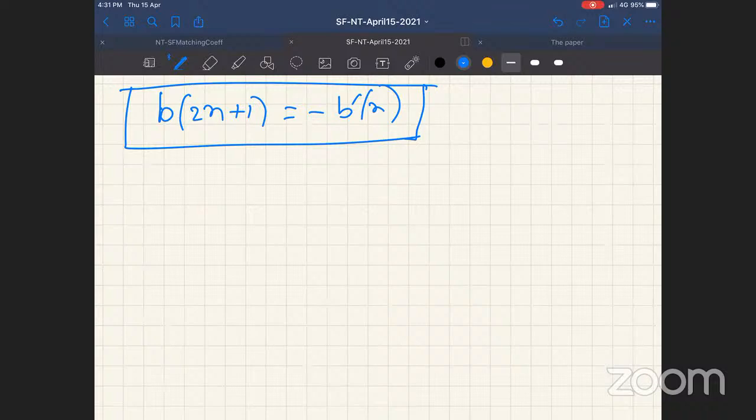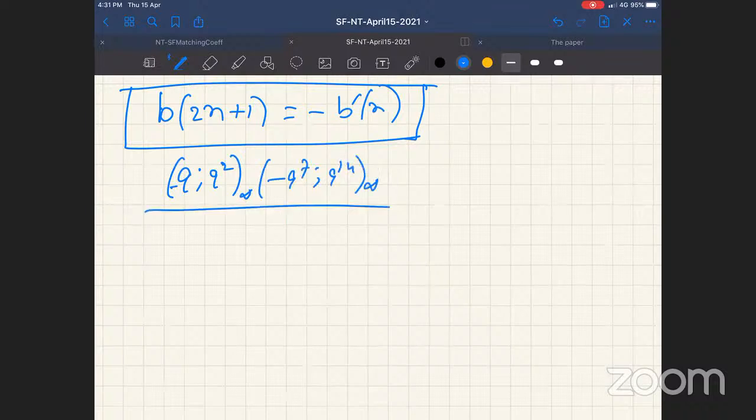And here, actually in these partition functions, minus q^2 and minus q^7, q^14 infinity. So this is the generating function for the number of partitions of n into distinct parts, but there are two colors for the parts which are multiples of 7.